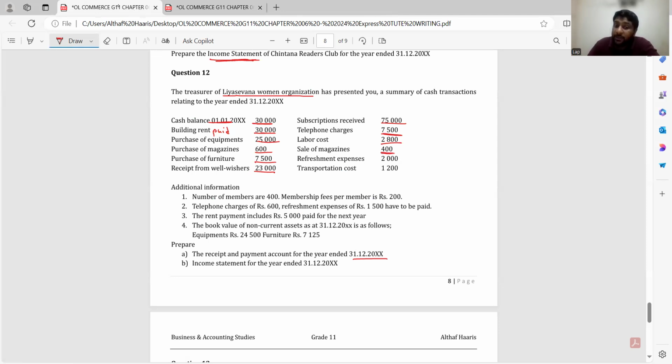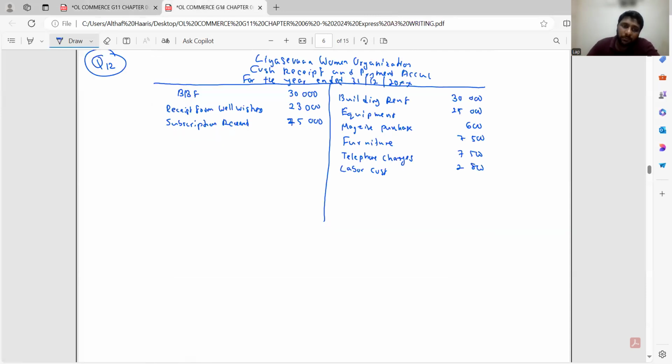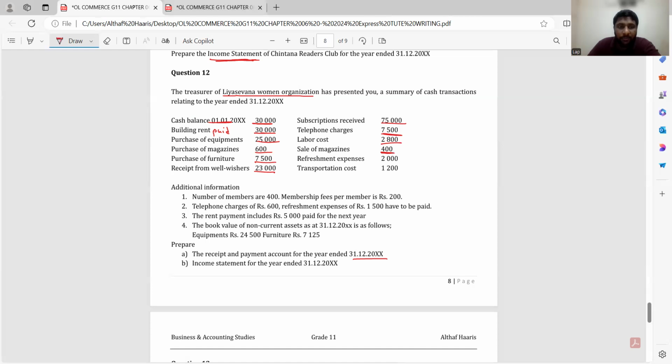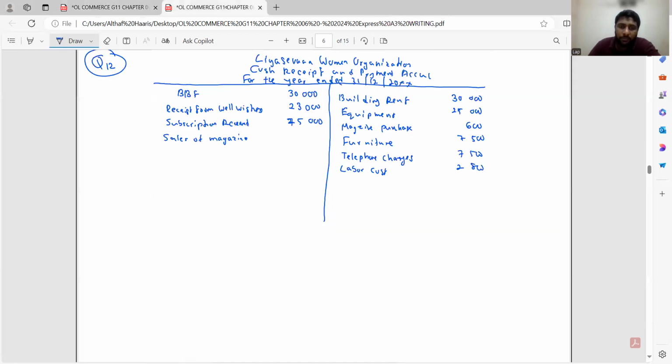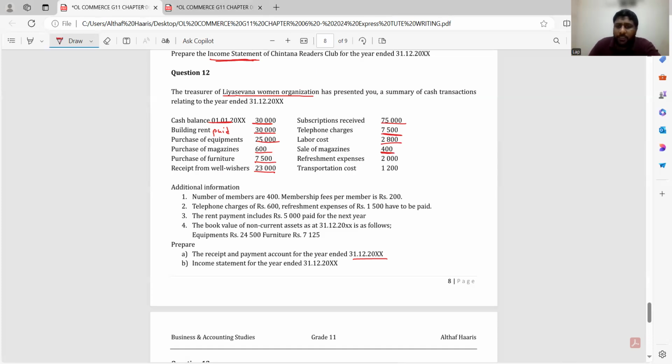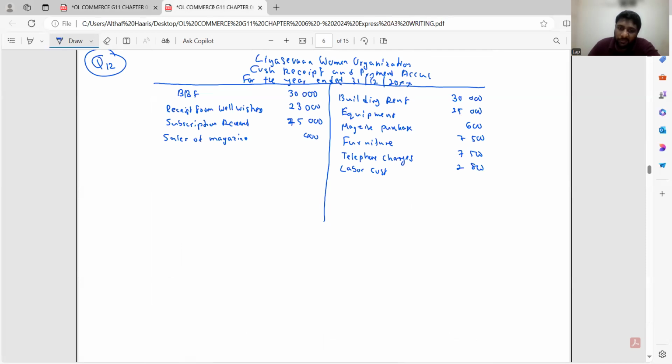Sales of magazine, cash inflow, 400. Refreshment expenses, 2,000, outflow.